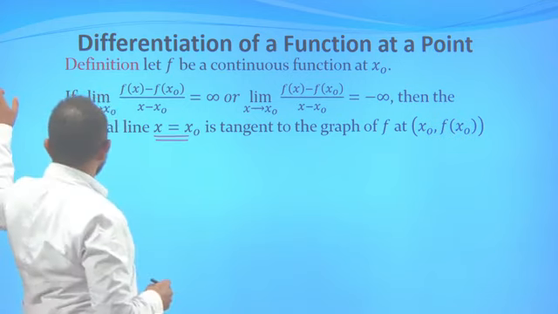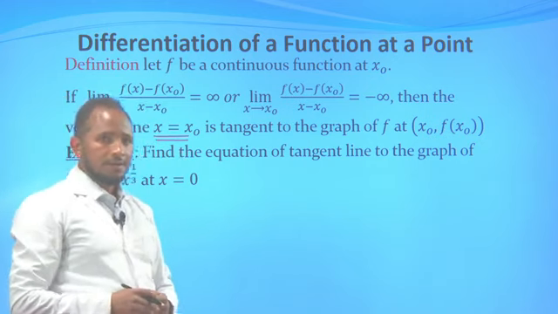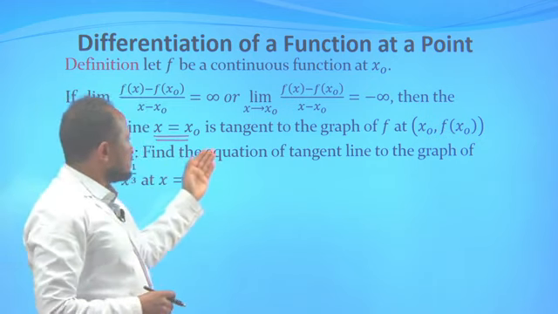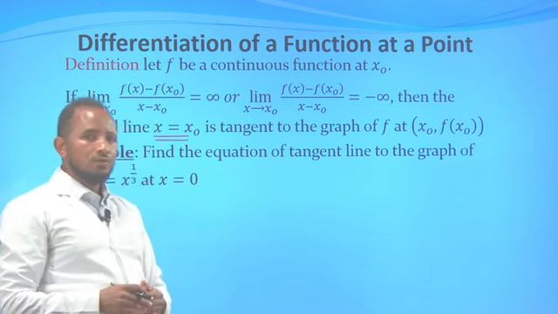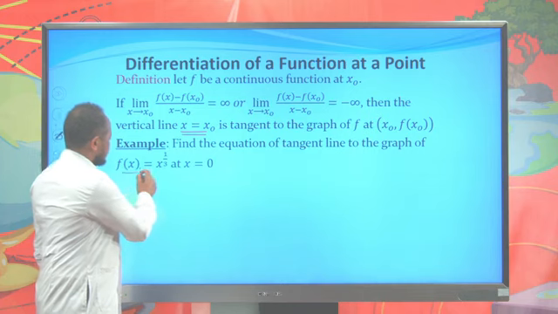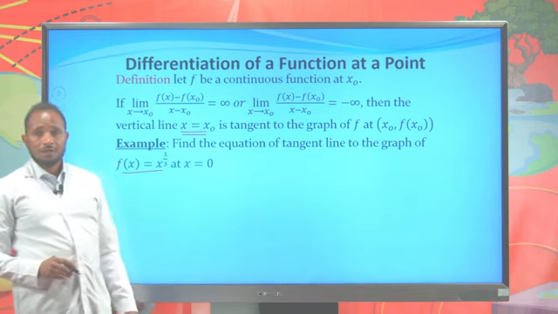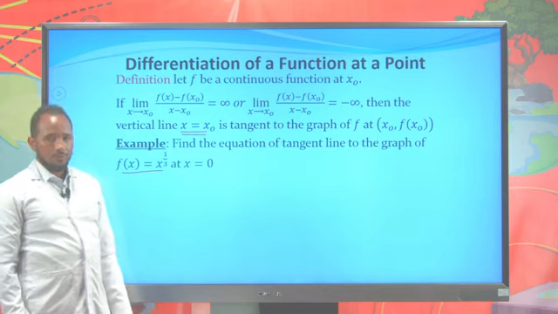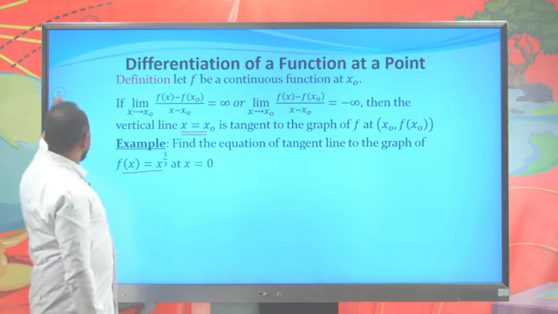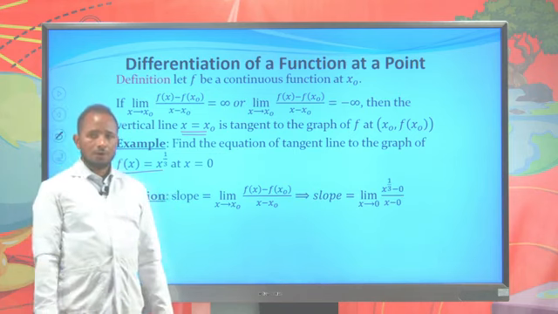So let's see an example for this concept. Here, find the equation of the tangent line to the graph of f of x equal to x to the power of 1 over 3 at x equal to 0. Now, to find the tangent line equation, we need the slope.